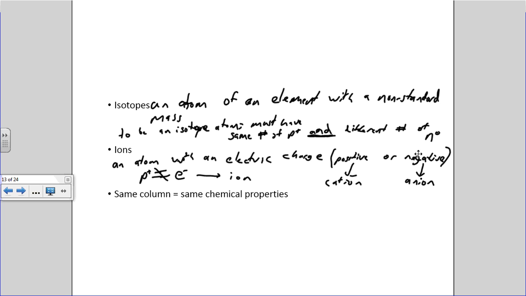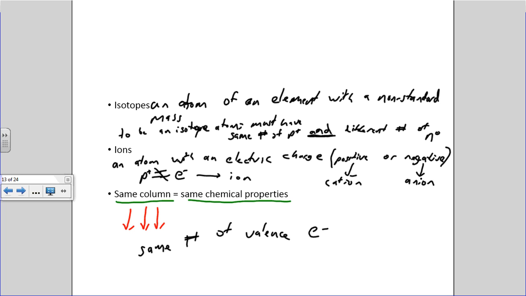Okay? Another thing to remember is this very simple idea, which is if you're in the same column, you're looking at the same chemical properties. Now, if you're wondering why same column, same chemical properties, remember column, we're talking about up and down here. So the vertical relationships on the periodic table. So same column means same number of valence electrons.